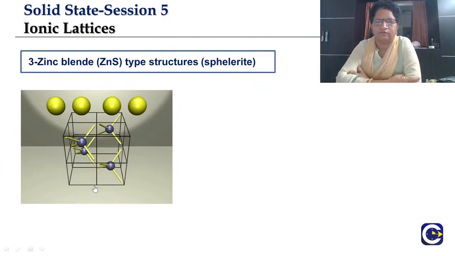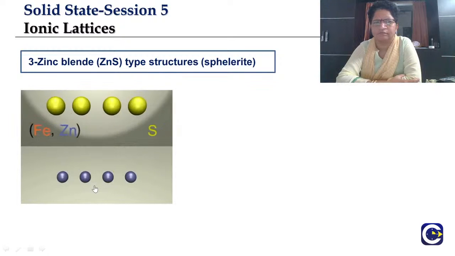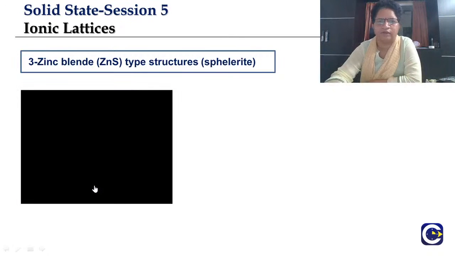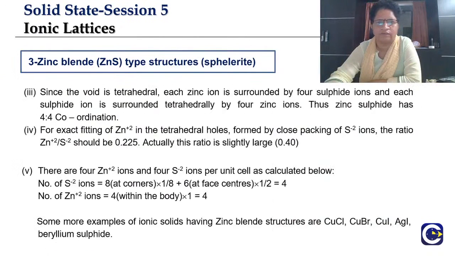We got 4 ions of one type, 4 ions would be of the other type. Right? Understood? Let me go for the other one, which we missed.